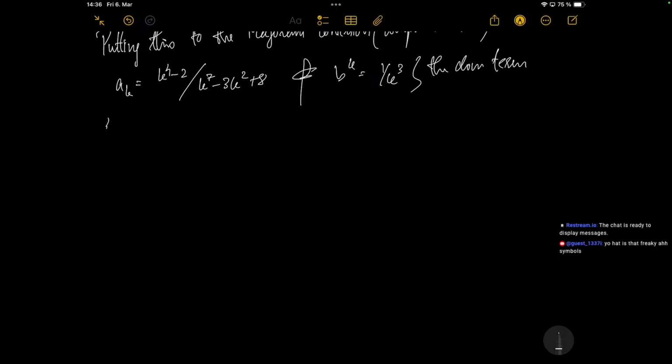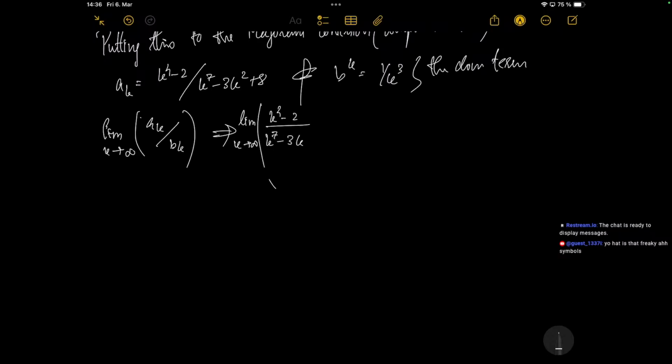Now we take the limit as k tends to infinity of a_k by b_k, which is k^4 minus 2 divided by k^7 minus 3k plus 8, into k cubed by 1.